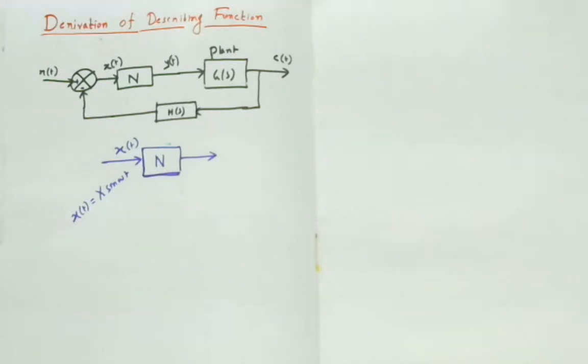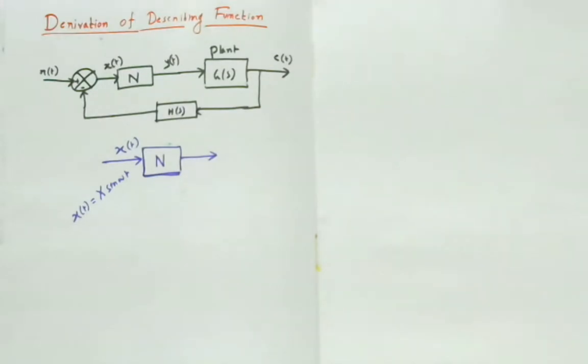However, the amplitude and phase will be different. But if your input is sinusoidal, the output is also sinusoidal for a linear system. That's why in case of Bode plot, for magnitude versus frequency and phase angle versus frequency, the common axis was frequency, because frequency was not changed. Only the magnitude and the phase angle are changed.